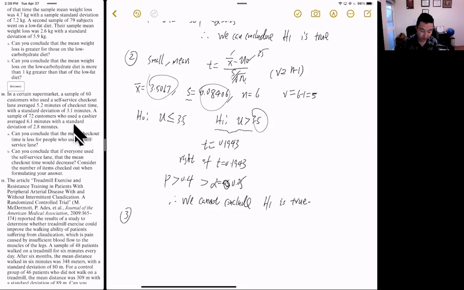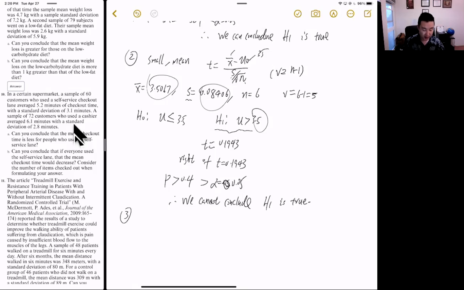So that's the two averages. The question is asking about the difference between these two averages. A, can you conclude that the mean checkout time is less for people who use the self-service lane?